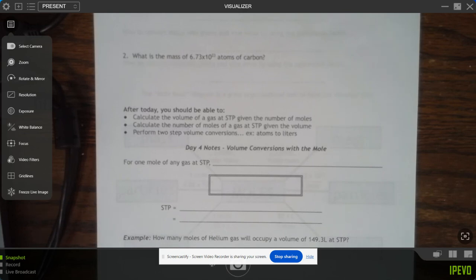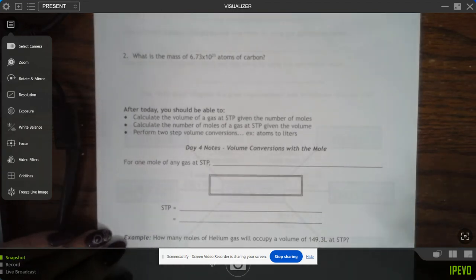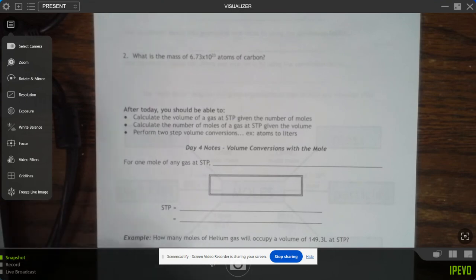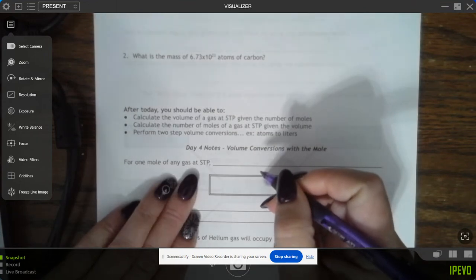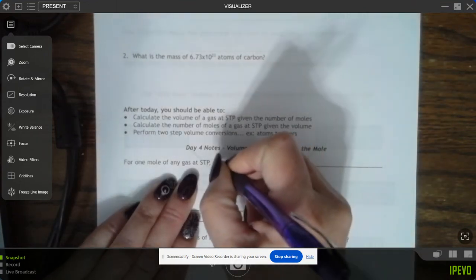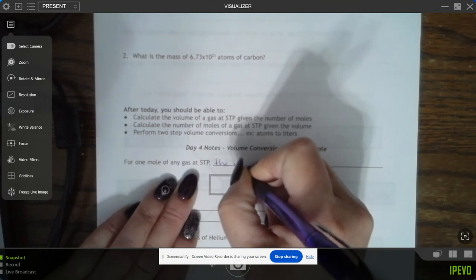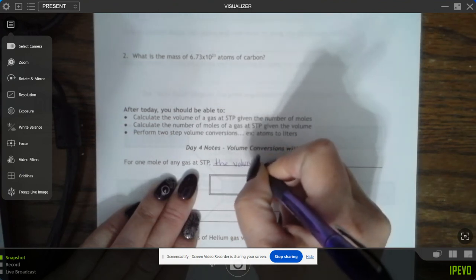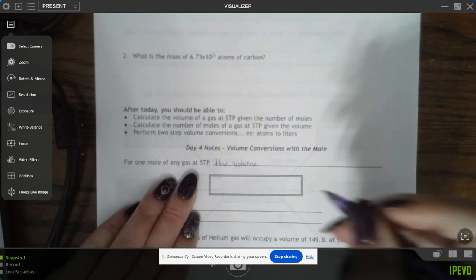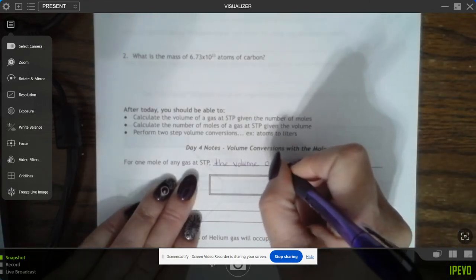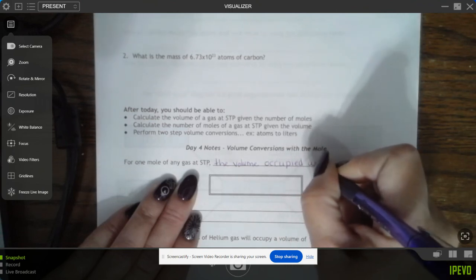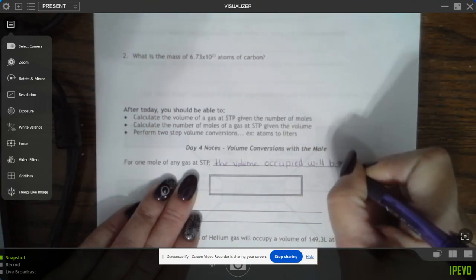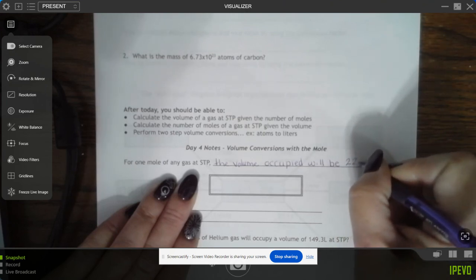Here we go. So for 1 mole of any gas at STP, of course, what the heck is STP? For 1 mole of any gas at STP, the volume, in other words, the space that the gas takes up, the volume occupied will be 22.4 liters.